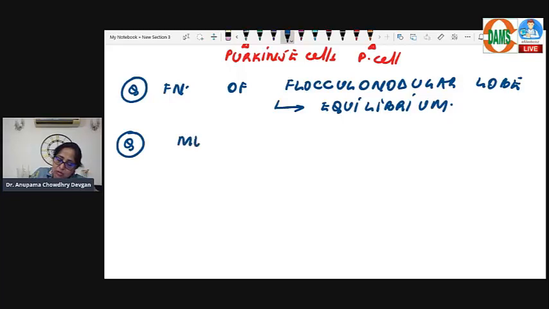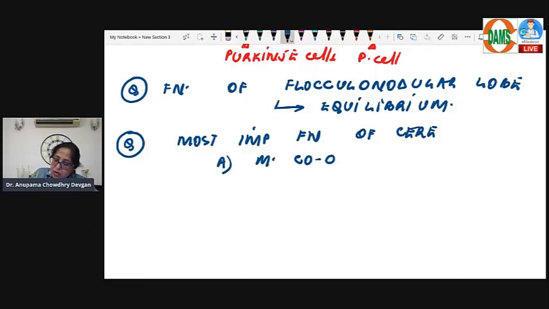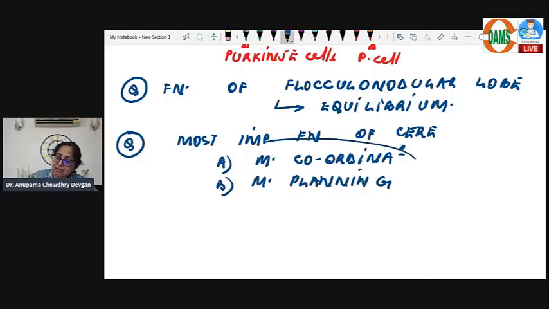Second question. Which is the most important function of the cerebellum? A, is it going to be motor coordination, or B, is it going to be motor planning? My answer is motor coordination.